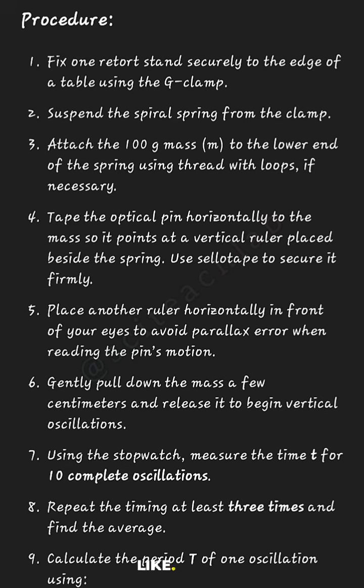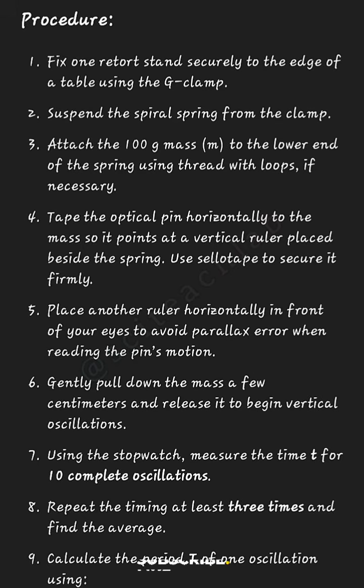And then tape the optical pin horizontally to the mass so it points at a vertical ruler placed beside the spring. You will see that. And then use sellotape to secure it firmly. Also place another ruler horizontally in front of your eyes to avoid parallax error when reading the pin's motion. These are your procedures I'm reading. What you're going to see me carry out, that's what I'm reading to you now.